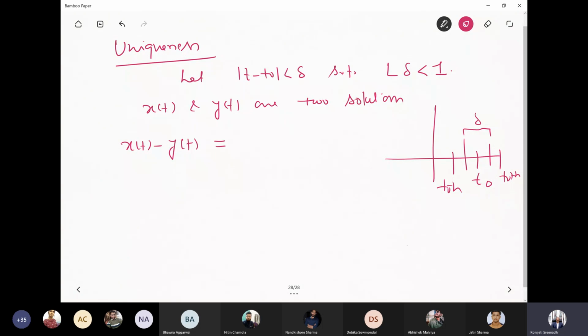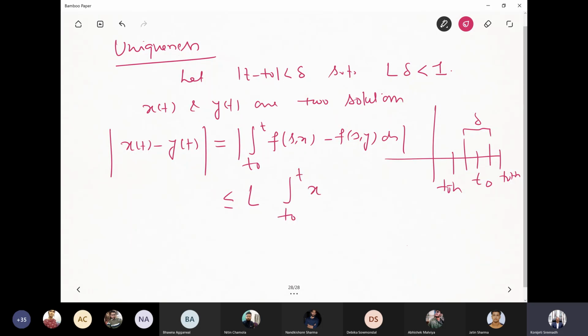So this becomes the integral from t naught to t of f(s, x) minus f(s, y). Write the estimate on both sides. So this is less than or equal to, take the absolute value inside and use the Lipschitz continuity, integral from t naught to t of |x minus y|(s).